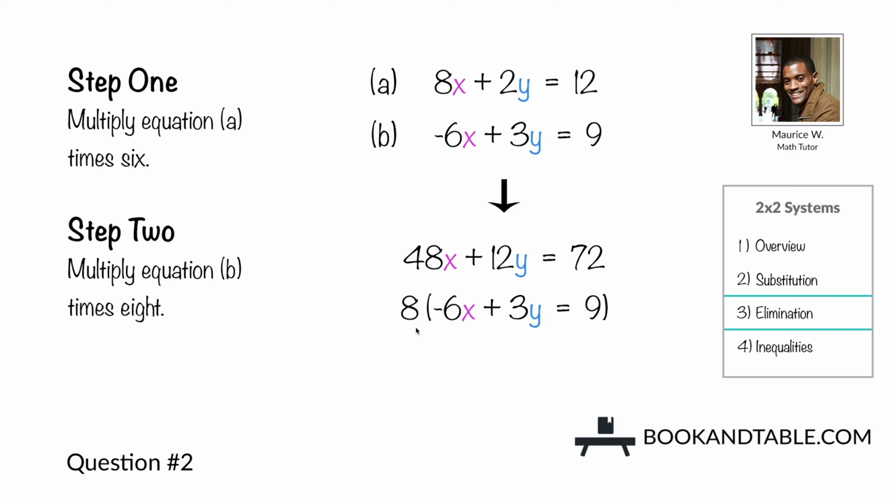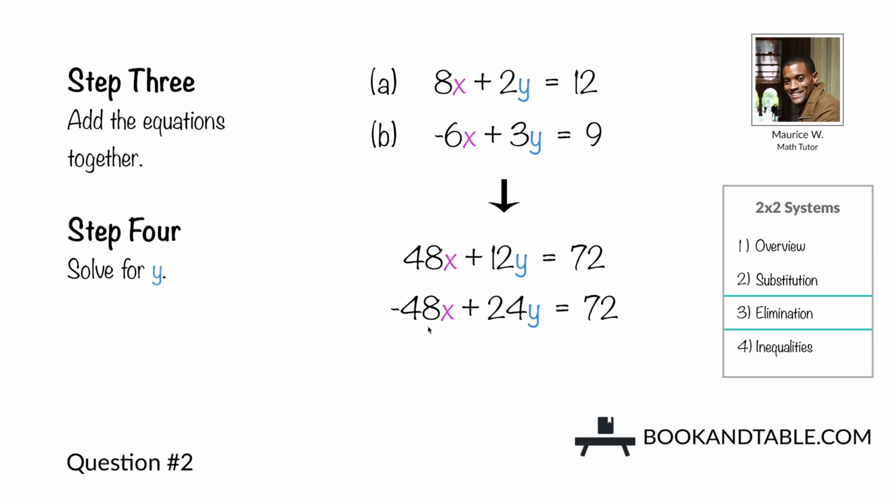And for equation B, 8 times negative 6x would give you negative 48x. 8 times 3y is 24y. And 8 times 9 would give you 72. Now the coefficients for our x terms are equal with opposite signs. So step 3, we can add the equations together to eliminate x, and that will then allow us to solve for y.